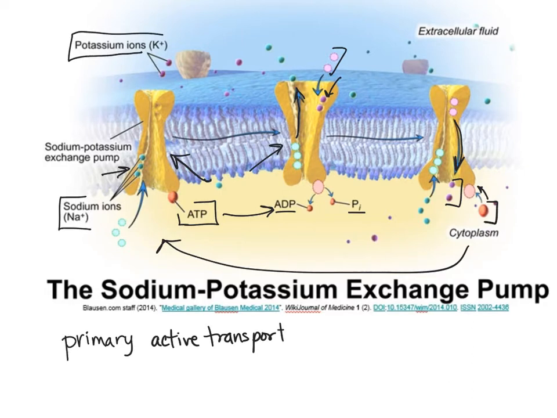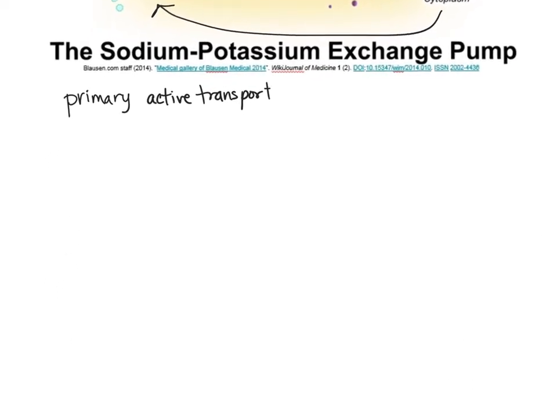We also have something called secondary active transport. In secondary active transport, what we see is that we are going to use the energy of a concentration gradient to transport a molecule using a different transport protein.